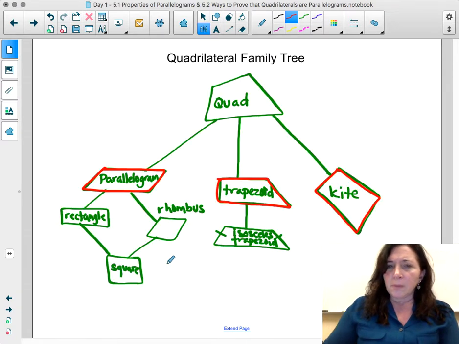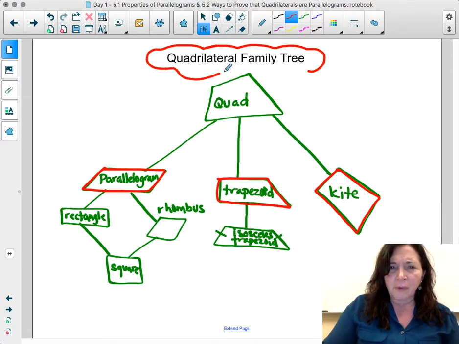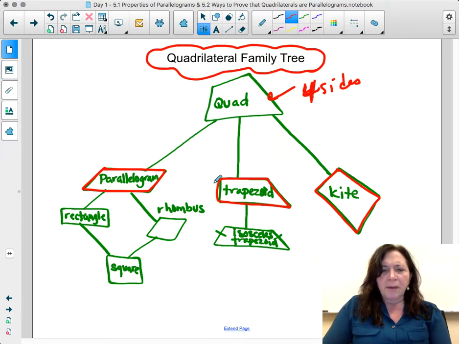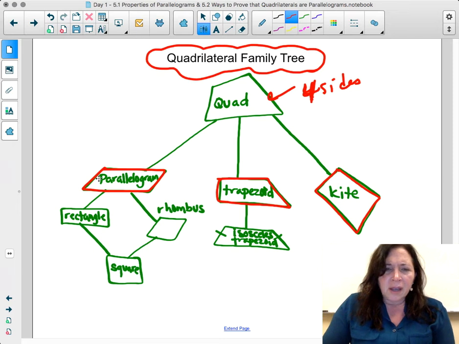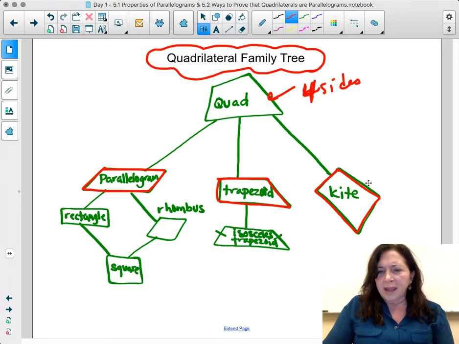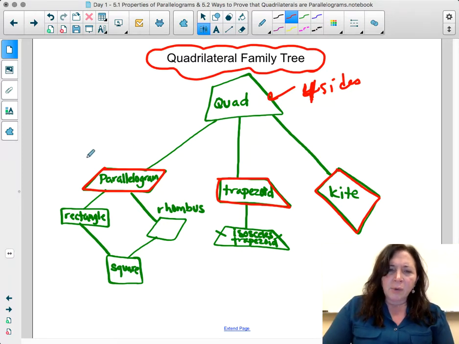Okay, so quadrilaterals, here's the family tree of quadrilaterals. Quadrilaterals are shapes that have 4 sides. That's what they are, okay? And what's going to happen here is we're going to divide this into 3 parts. Quadrilaterals are parallelograms, trapezoids, and kites. Today, we're going to concentrate on parallelograms.